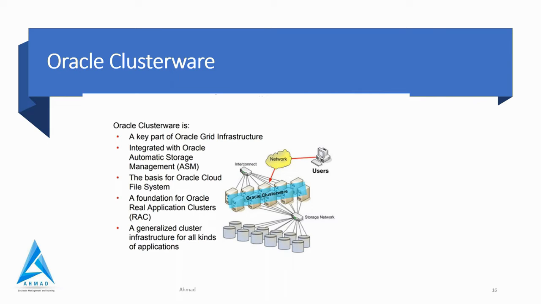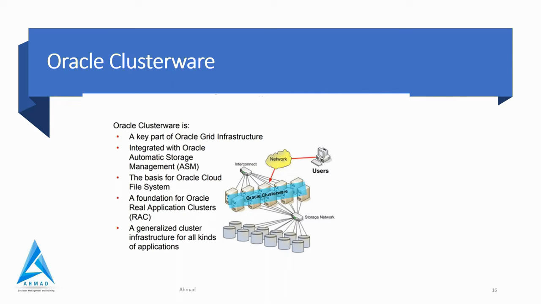Earlier, we used vendor clusterware also, but Oracle said to use Oracle Clusterware, which provides a better mechanism to handle or configure the RAC. So Oracle provides an entire solution. For storage, you have ASM.